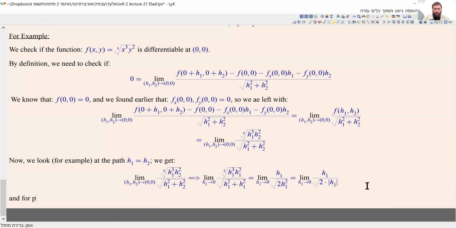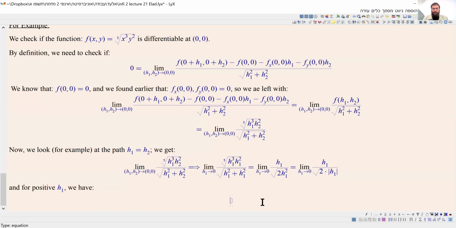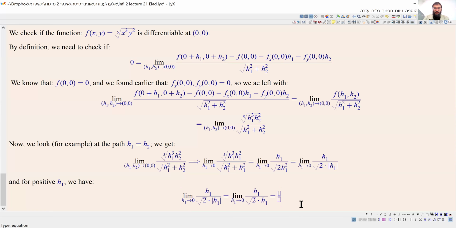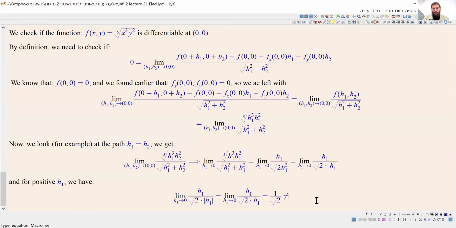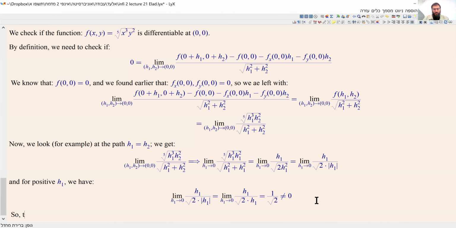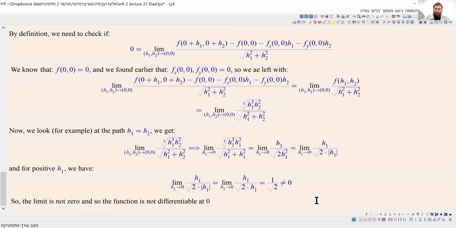For positive h1, we have that the limit is h1 above h1. They cancel each other, and we are left with 1 above the square root of 2, which is not 0. So the limit is not 0, and so the function is not differentiable at 0.